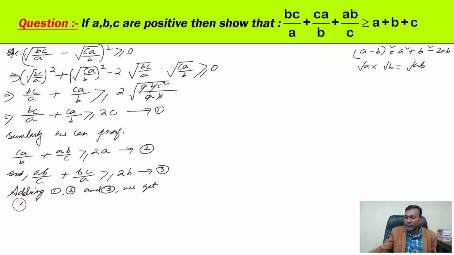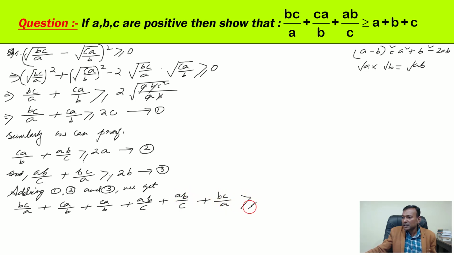On adding 1, 2 and 3, what will we get? BC by A plus CA by B, plus CA by B plus AB by C, plus AB by C plus BC by A is greater than or equal to 2A plus 2B plus 2C. You can see here I have added the left hand side of 1, 2, 3 and the right hand side of 1, 2, 3.